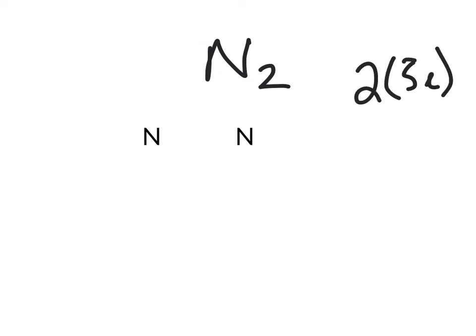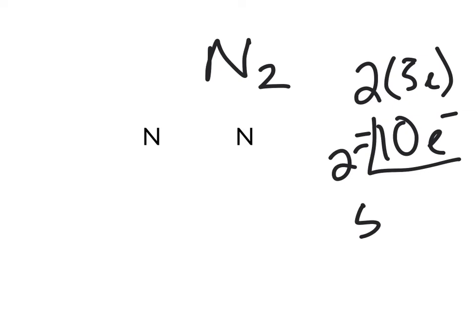Let's look at nitrogen. Well, nitrogen is also a diatomic molecule. That's why I have the 2 ends drawn. Nitrogen has 5 valence electrons each, so that gives me a total of 10 valence electrons. When I divide that by 2, I get 5 pairs. Are we guessing that we're going to be short?